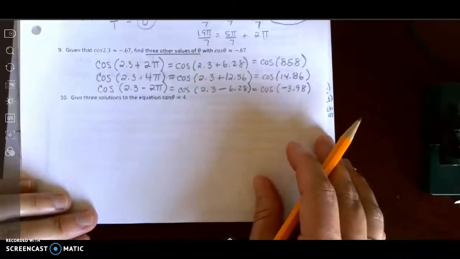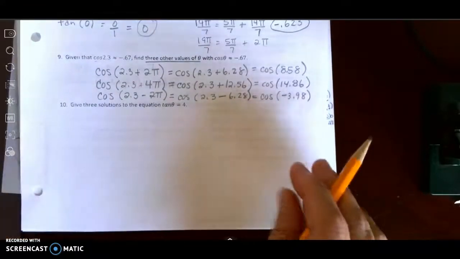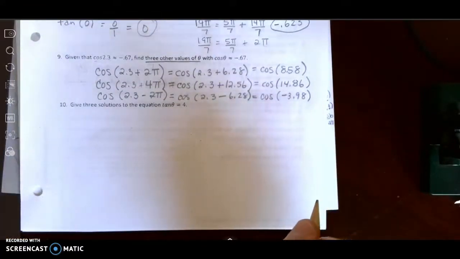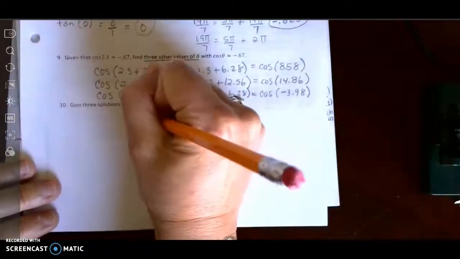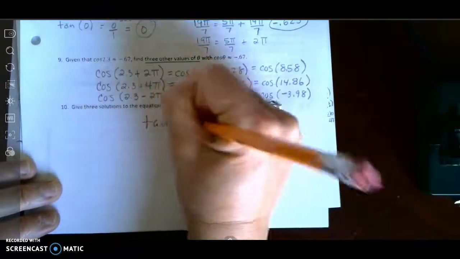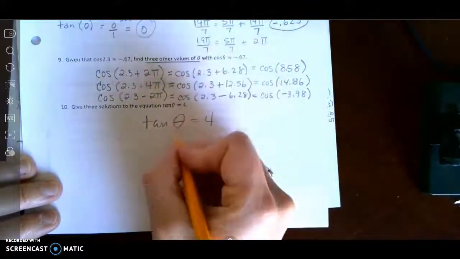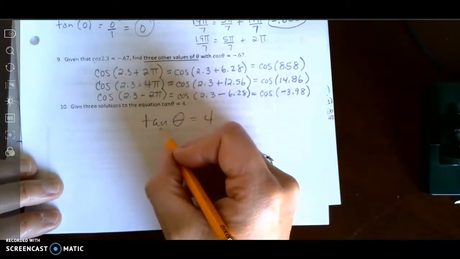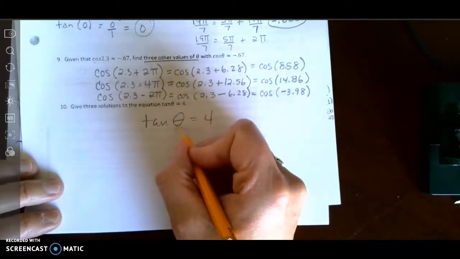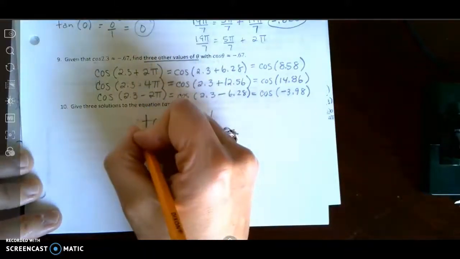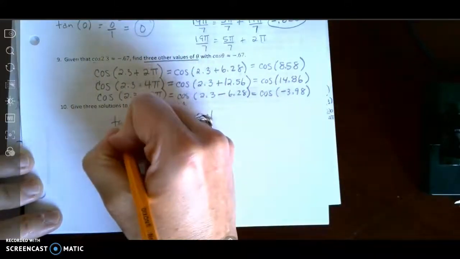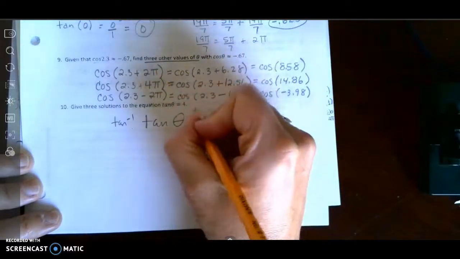Okay, number 10 asks us to give 3 solutions to this equation. Tangent of theta equals 4. Well, since I know that the tangent of theta is 4, if I want to find theta, I have to get rid of the word tangent. I want to just say, what is theta? So to get rid of the word tangent, I need to take the inverse tangent of each side.